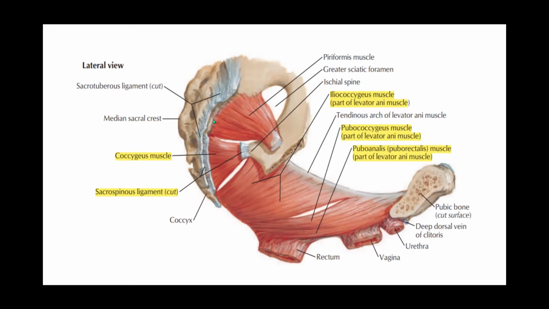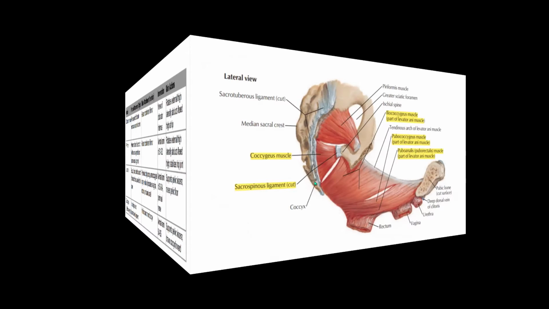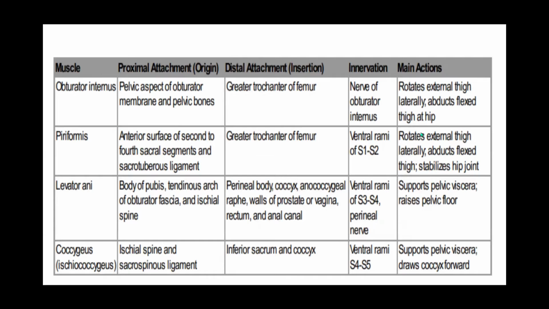It passes through the greater sciatic foramen and inserts into the greater trochanter of the femur. It also helps in externally rotating and abducting the hip, and they say it helps in stabilizing the hip joint.